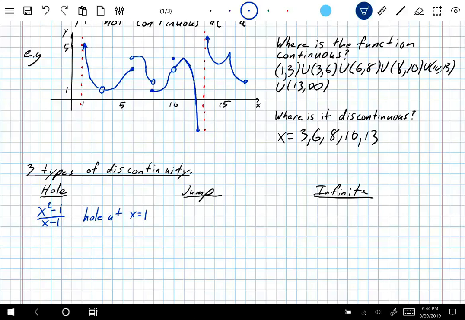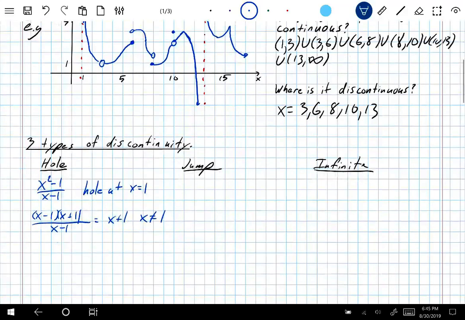Well, if we simplify this, it simplifies to x minus 1 times x plus 1 over x minus 1. Those two things cancel, so this is just equal to x plus 1 as long as x is not equal to 1. Right. And so at that 1, we get a shape that looks a little bit like that. Just one single point. It looks like x plus 1 except for that one little hole.